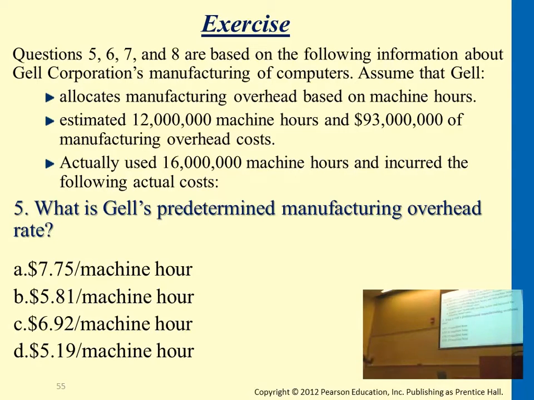If this particular job order has used 100 machine hours, then there will be 775 of indirect costs assigned to this job. So this first question is just determining the rate: how do we assign the indirect cost, based on per machine hour, $7.75.